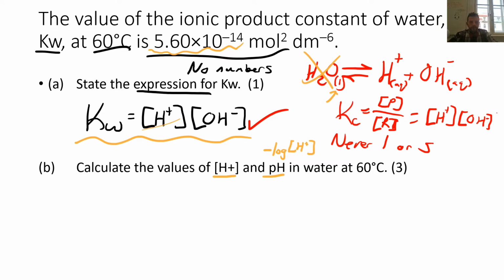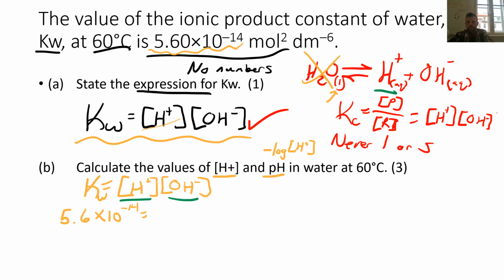So I've got Kw equals H plus times OH minus. I know the Kw is 5.6 times 10 to the negative 14 equals these things. And since these are going to be equal because they're formed in equal ratios, I'm going to just call it H plus squared.